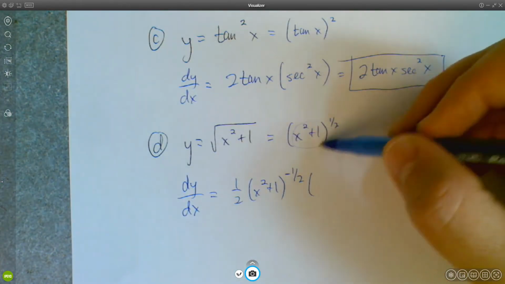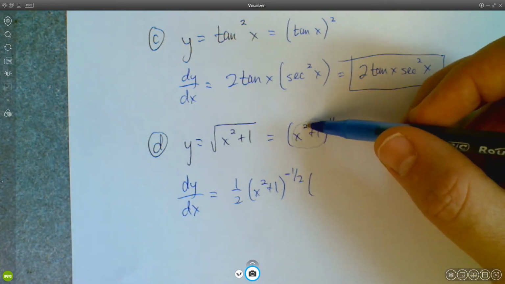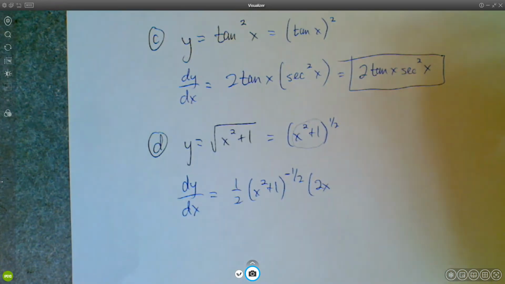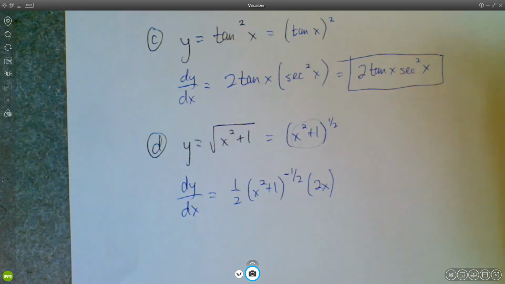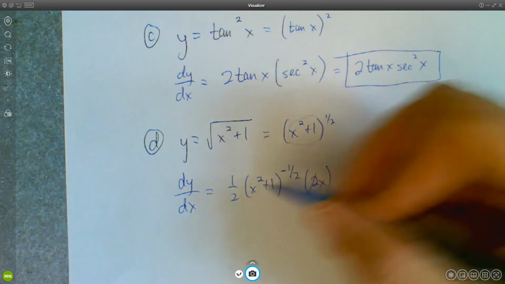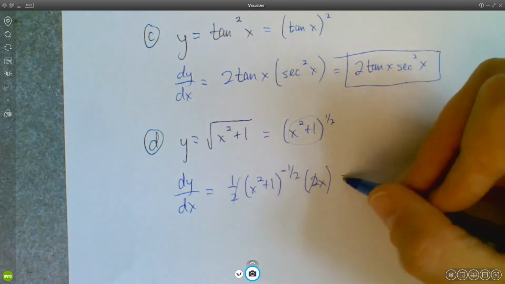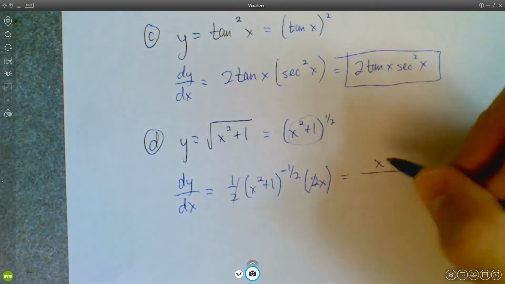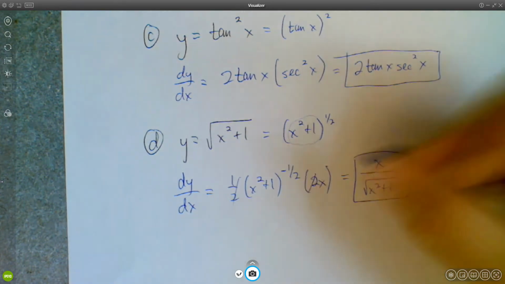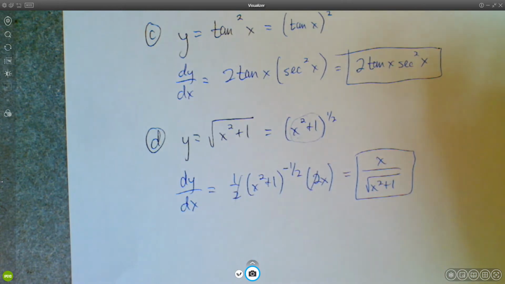So what's the derivative of this inside function? Derivative of x squared is 2x, and then the derivative of 1 is just 0. So that's that. We can clean this up. The 2 will cancel the 1/2. I'm going to write this as x over square root of x squared plus 1.